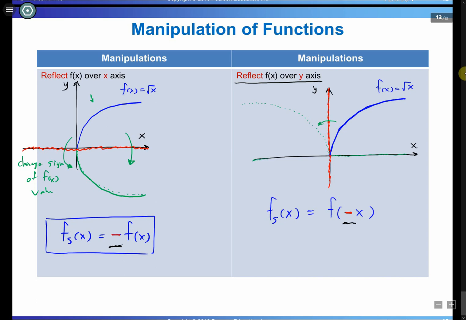It's the opposite. And that's why you need to put a minus sign over here to change everything that used to be positive to be negative. And in the end, you are going to get this flipped version of the square root of x. Okay, so that's how you flip a graph over the y-axis, or flipping horizontally.